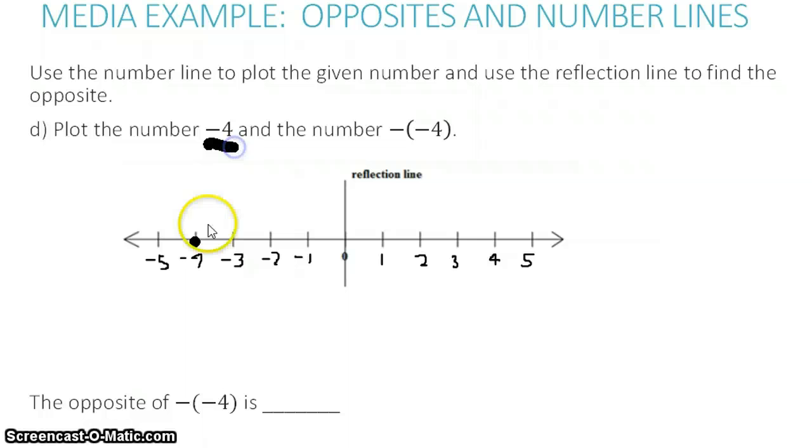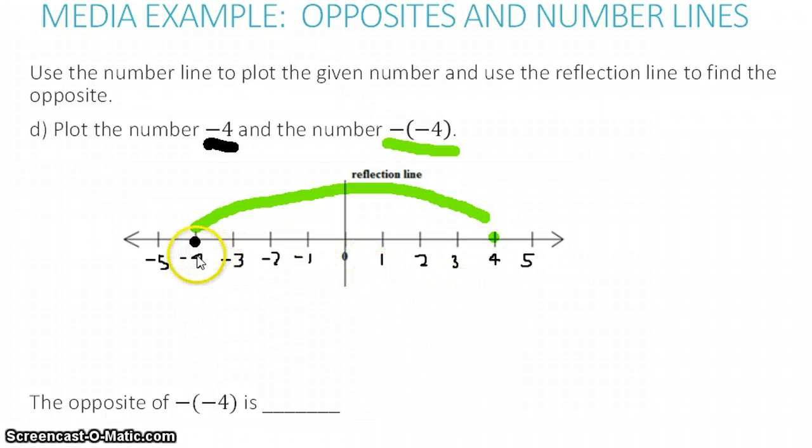Just underline that we plotted that in black. And now let's plot the opposite of negative 4. Well, the opposite of negative 4 is reflecting negative 4 across the reflection line at 0. So that's going to take us to here.